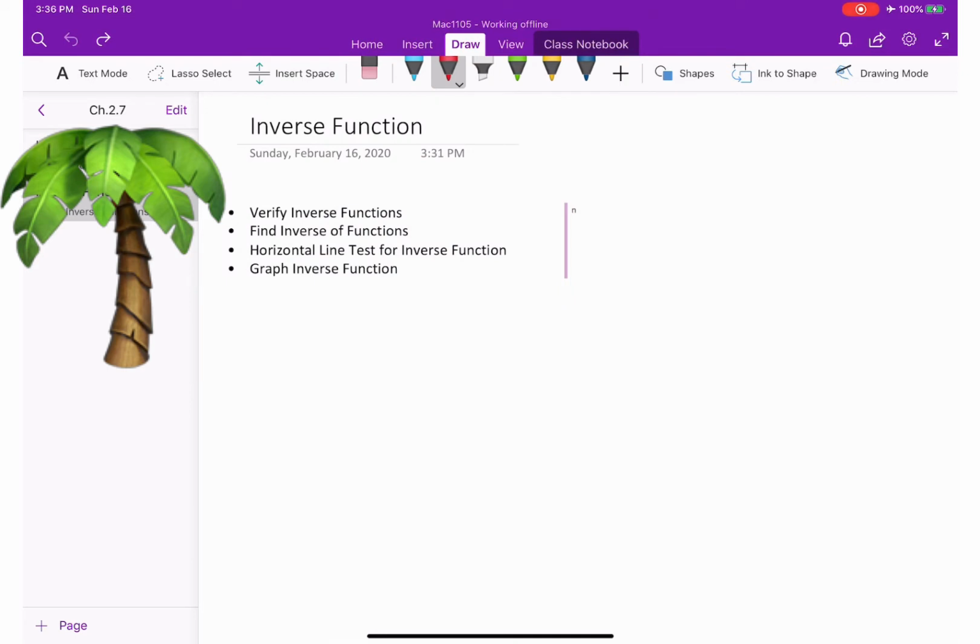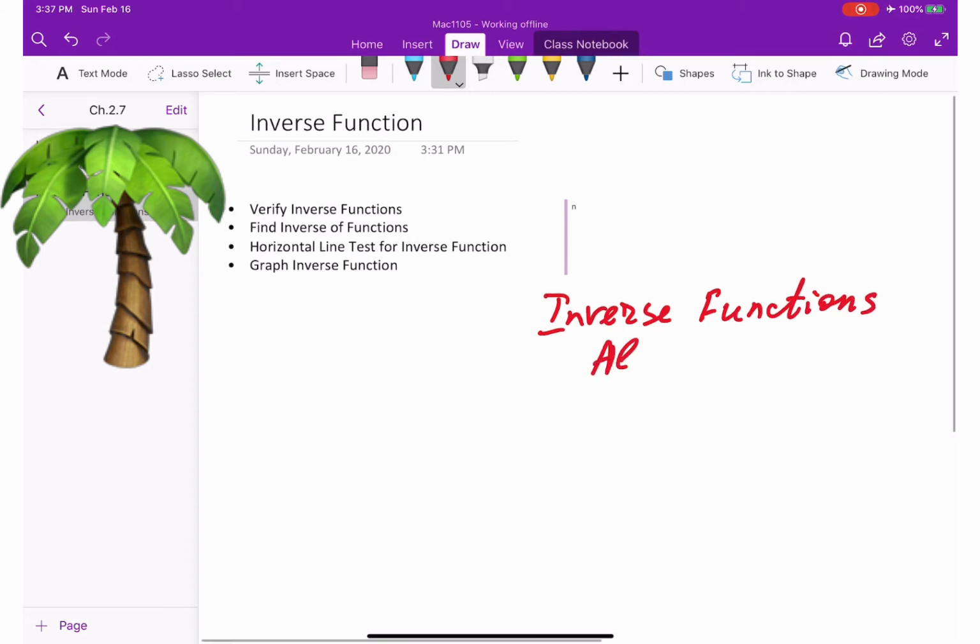Identifying inverse functions, or verifying if two functions are inverse, algebraically.